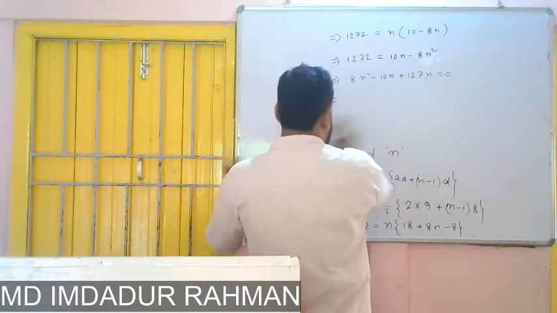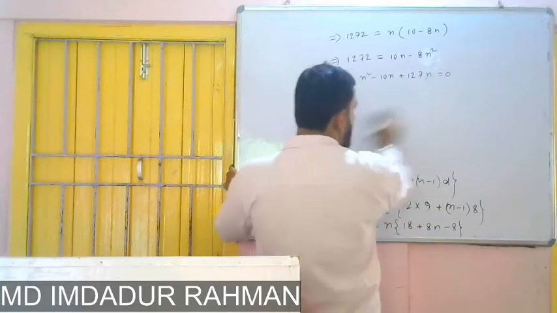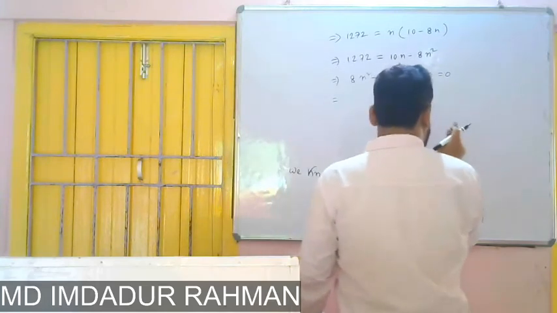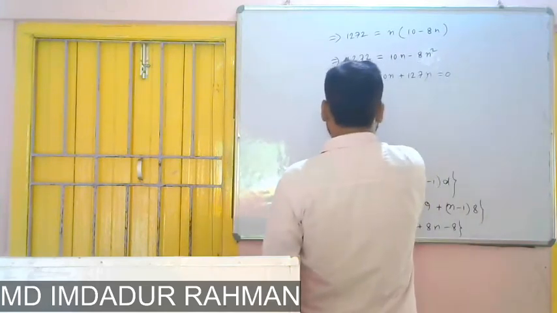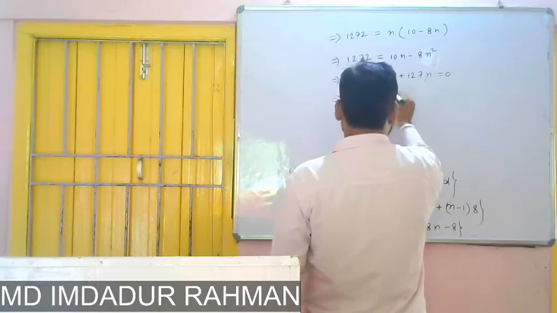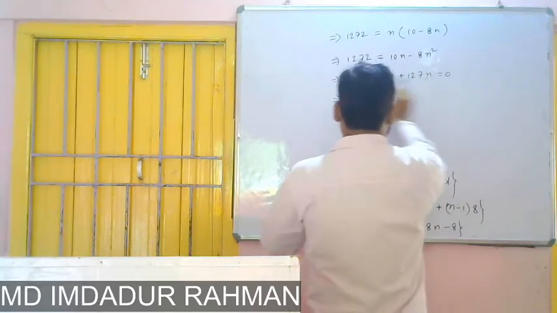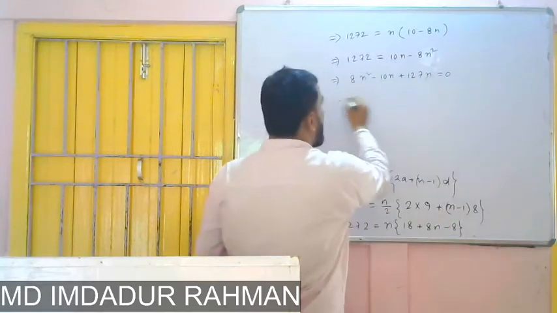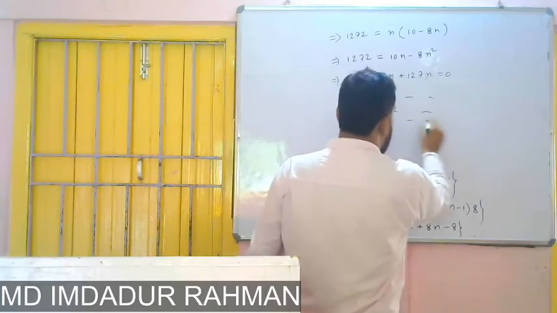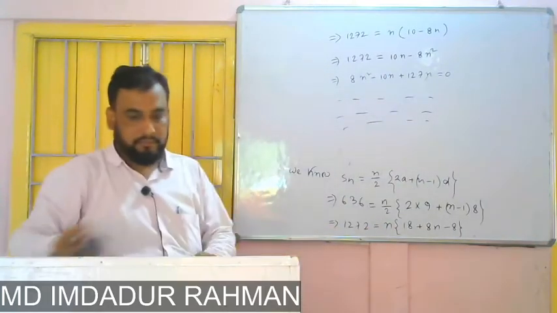Now this something will remain for you. To take common, 4n square plus 5n, sorry, it will not be. So now continue with the calculation, you will get the value of n.